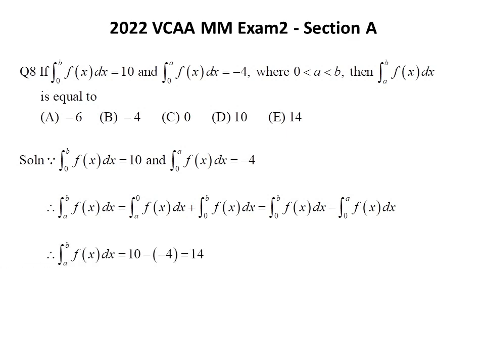Therefore, the definite integral from a to b of f of x with respect to x equals 10 minus -4, which equals 14. Hence, the answer for question 8 is E.